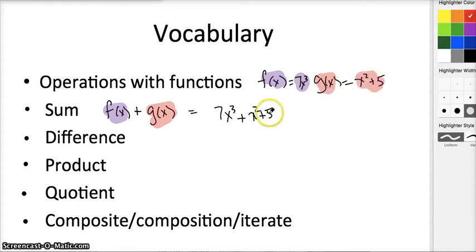So we're literally putting those two together to come up with a monster function, another function, and that's simply finding the sum of functions.